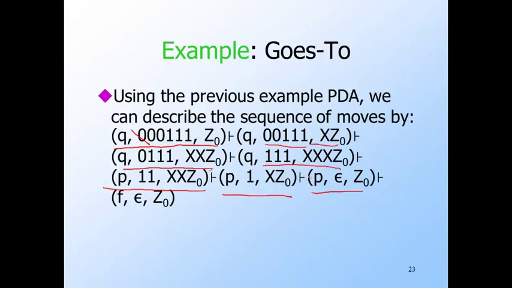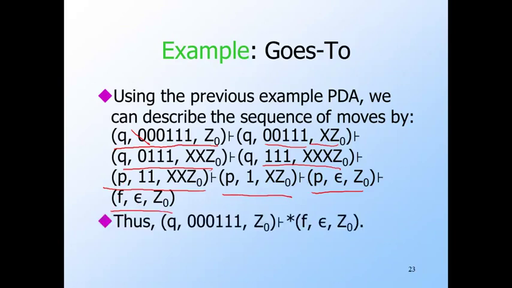And then in the final ID, the state P has become F, and we accept. We can summarize the sequence by saying that the initial ID, this, goes to star the final ID, that. We can also say that any of these IDs goes to star itself and also to any of the IDs that follow in the sequence we just showed you.